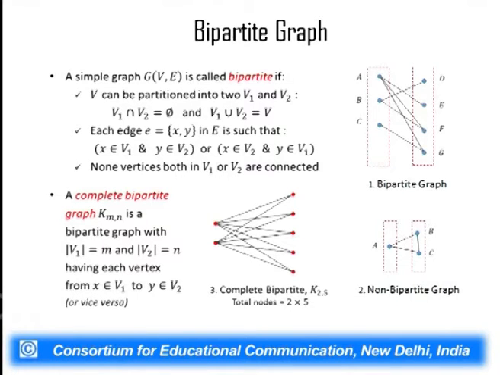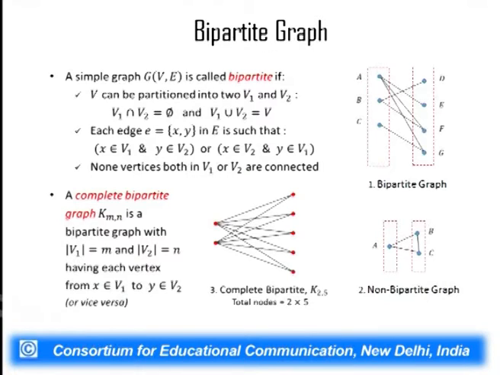Now the second thing is a complete bipartite graph. As we have a complete graph, when we are concerned about a bipartite graph there is also a completeness in that. So it's a very special graph, denoted by K_{M,N}. Here M is always the number of vertices in the first vertex set, and the second parameter N is the number of vertices in the second vertex set.